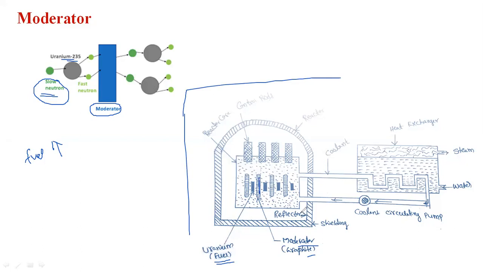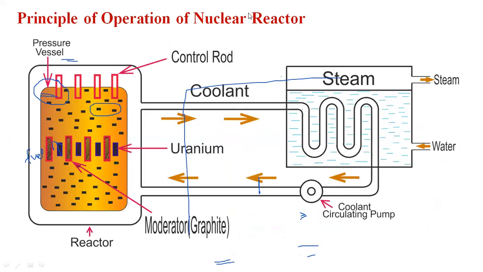And the reflector: if any alpha, beta, or gamma rays are released in the fission process, they will be reflected back into the reactor core.